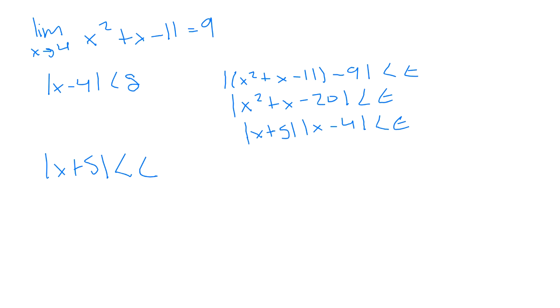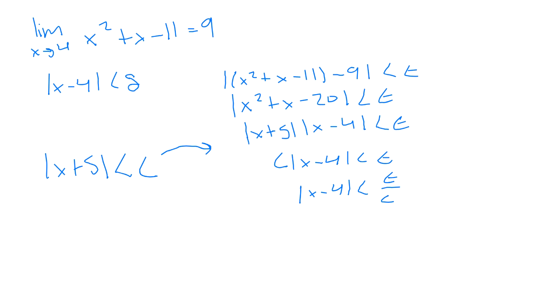So we can plug this back in to where we have c times x minus 4 is less than epsilon, which gives us x minus 4 is less than epsilon over c. So that's something we can actually work with now, since now we have epsilon over some constant.